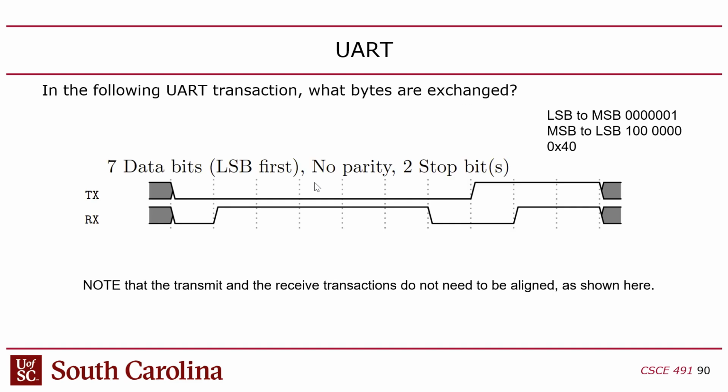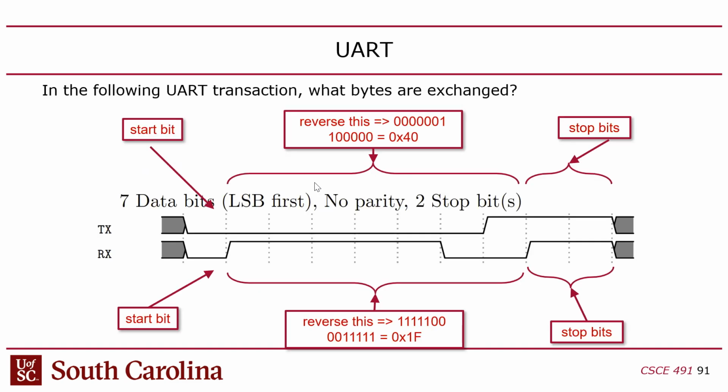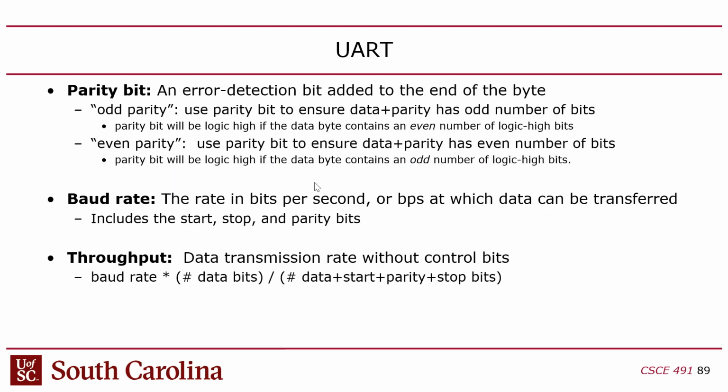Okay, now let's go back to the parity bit here. So the parity bit's a bit confusing. You can set it up for odd parity or even parity. The parity bit is designed as error detection because it's there specifically because of metastability.